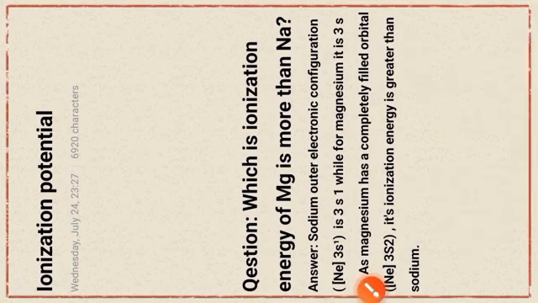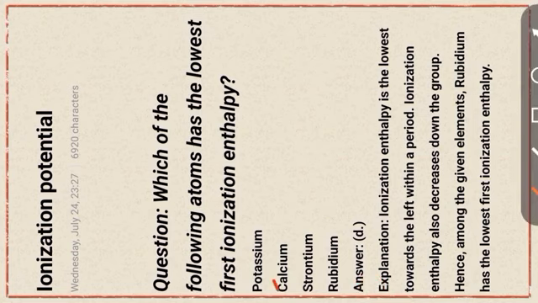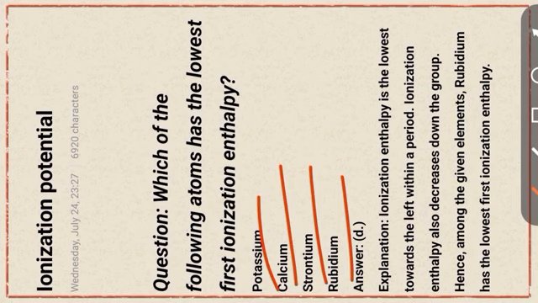That is why the ionization energy of magnesium is greater than sodium. Okay, my dear viewers. Next question. Which of the following atoms has the lowest first ionization enthalpy? The options are potassium, calcium, strontium, rubidium. The last option, D, rubidium, is the right answer.